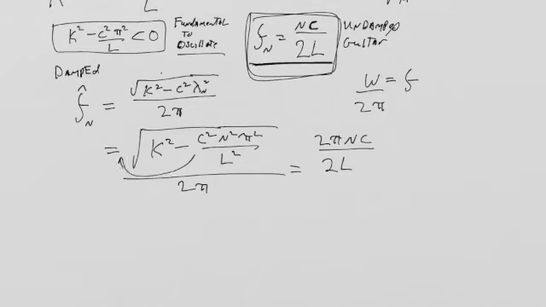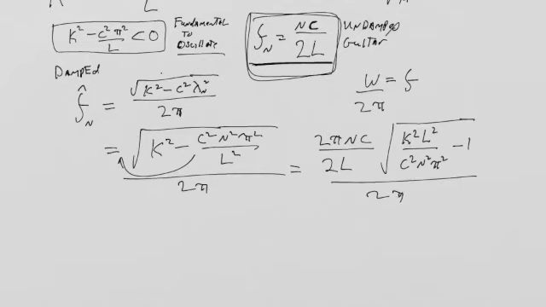And when we do that, we're left with k squared L squared over c squared n squared pi squared, minus 1. And remember, this whole thing is divided by 2 pi, so this 2 pi down here cancels with this 2 pi up here. And then this expression here equals the old harmonic frequencies.